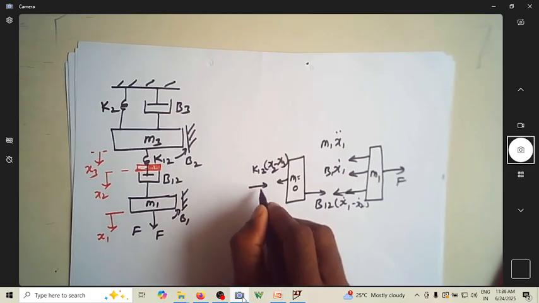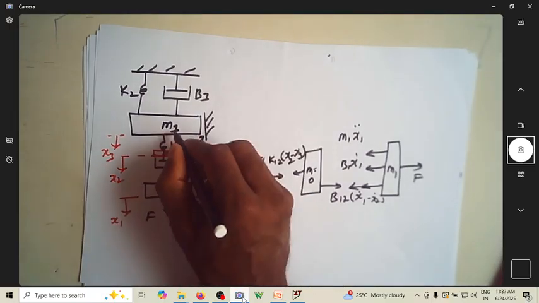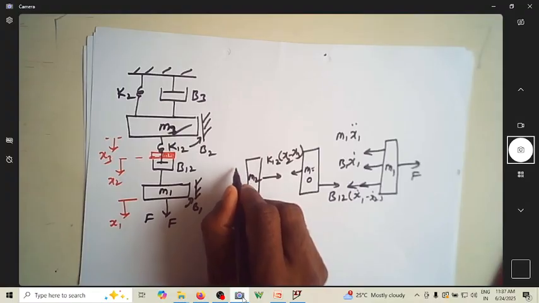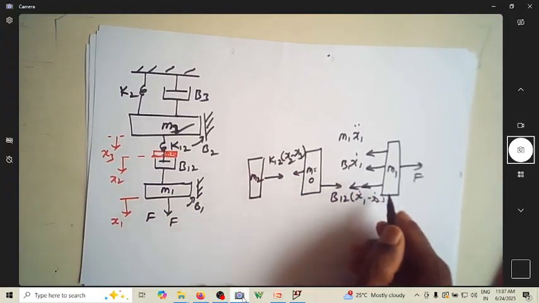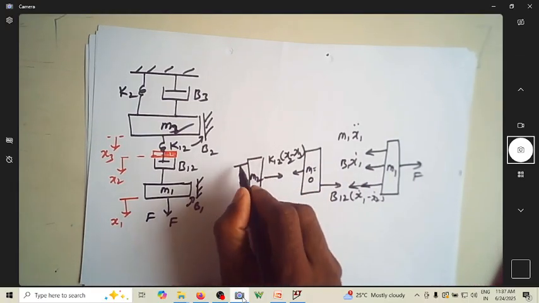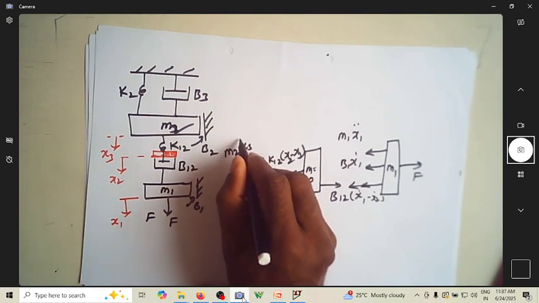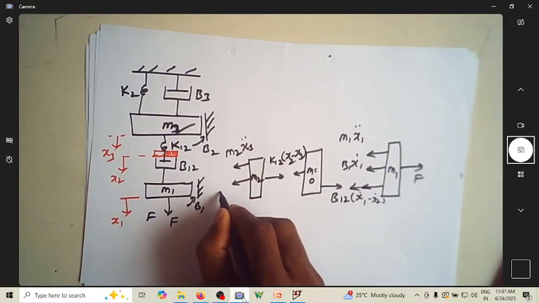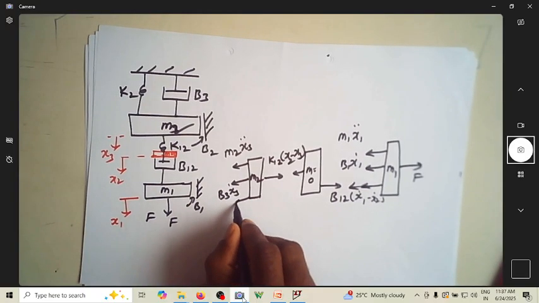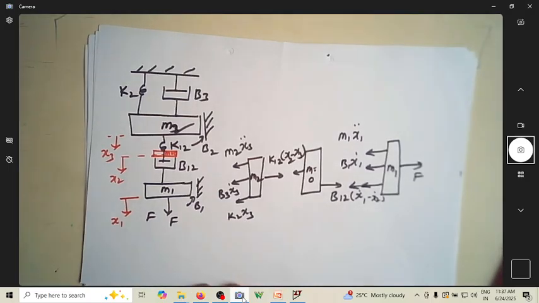That will become the acting force for M3. Okay, let me write it as M2. The opposing forces are, so this is the acting force. One is due to M2 x3 double dot, this is B3 x3 dot, and this is K2 x3.